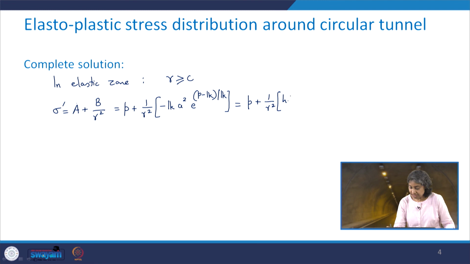I will write kappa as h into P into a square e to the power 1 minus h upon h.